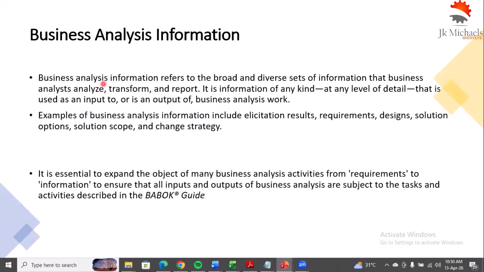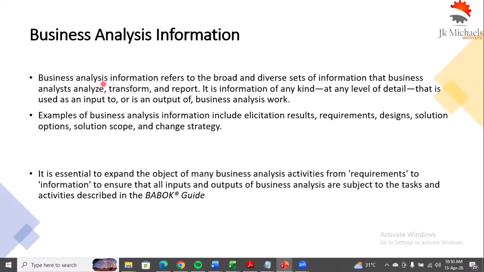So as a business analyst, one thing that is expected is that you would deal with a lot of information. And some of this information will include things like elicitation results. Think of them as documents. A lot of times there will be documents. A lot of times there will also be not documents, but just data enshrined in some sort of document or some form of communication medium.